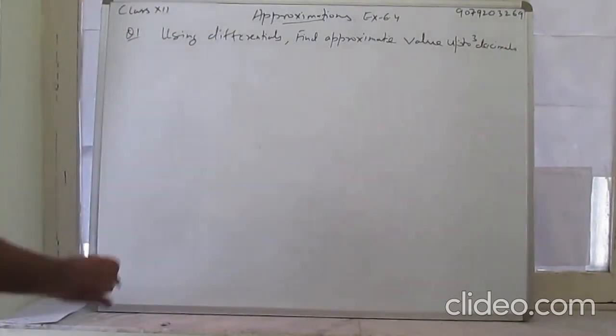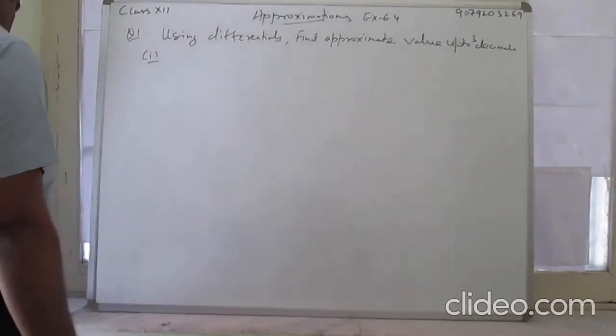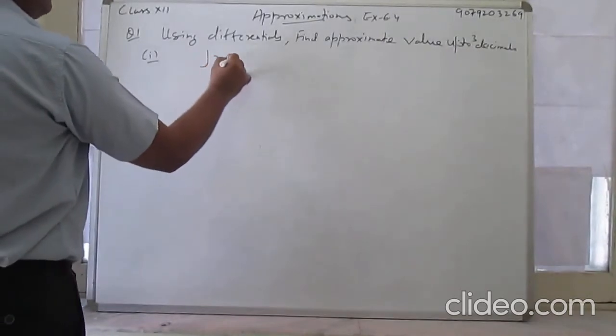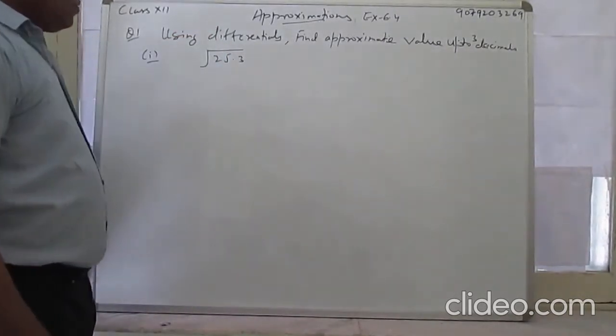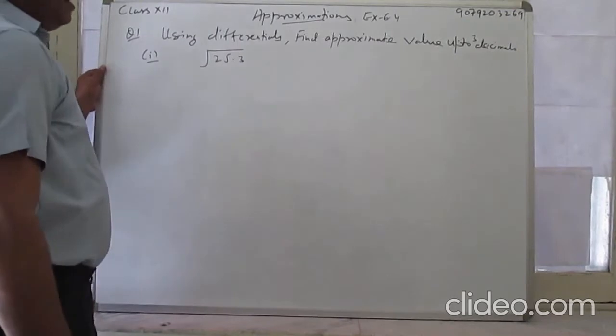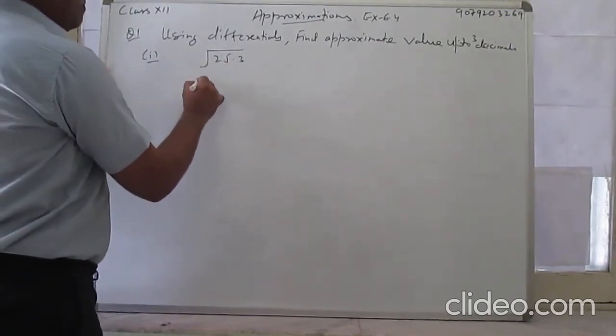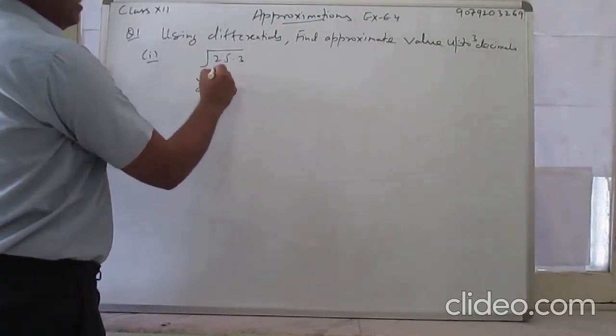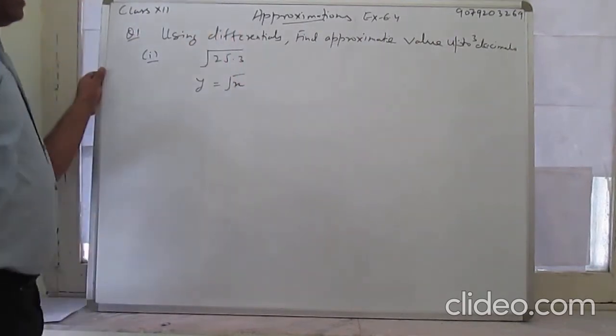Now see, first part, root 25.3. So it is of which type? I will take y is equal to root x.